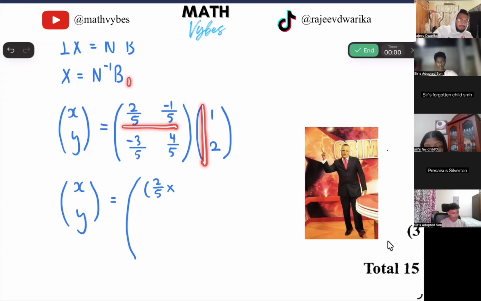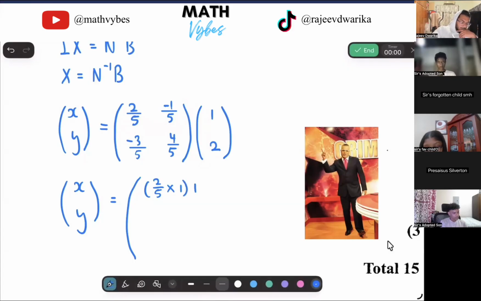So this first element here, this second element here, first element here, the second element here. 2/5 by 1, plus negative 1/5 by 2. Right. So you multiply the first row by the column. Now you need to move on to the second row. So what's that going to look like? Negative 3/5 by 1, right? And 4/5 by 2.